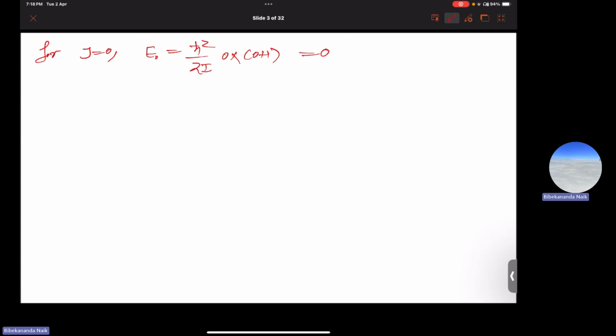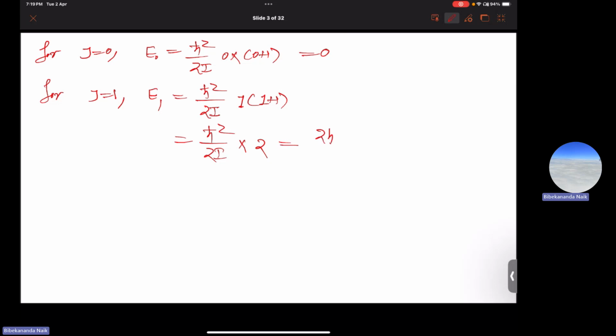Again, for J equals to 1, E1 will be h cross square divided by 2I, 1 into 1 plus 1, it will be h cross square divided by 2I into 2.